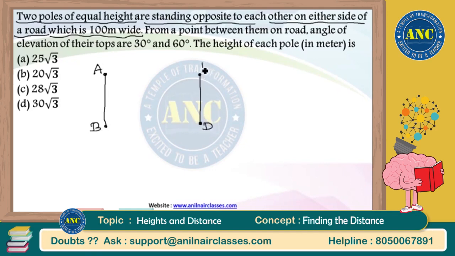These poles are of equal height, both absolutely the same. The road is given as 100 meters wide.